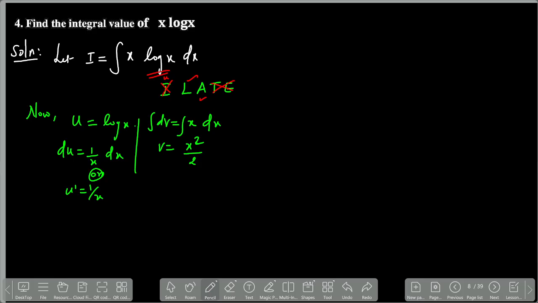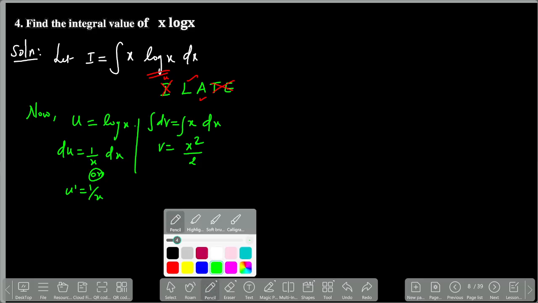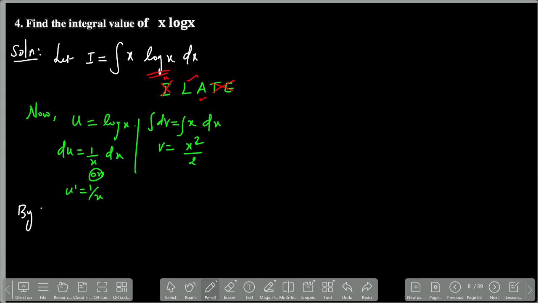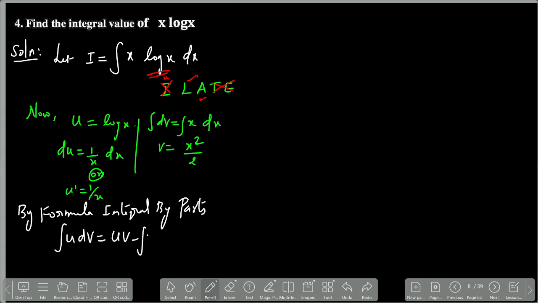Now apply integration by parts. By the formula, what is the formula? Integral u dv equals uv minus integral v into du. Are you okay? Yes. What is finally here?